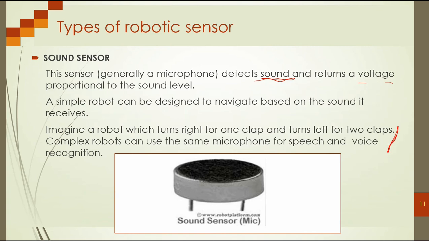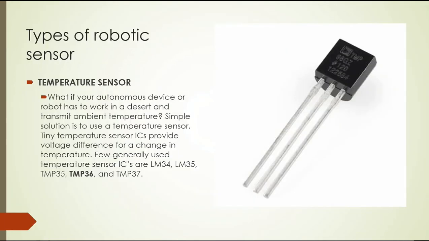For example, if you have one clap, the light will turn on, and with two claps, it will turn off, something like that, some actions. So this is how they use it. This one is the temperature sensor. The temperature sensor senses the current temperature.